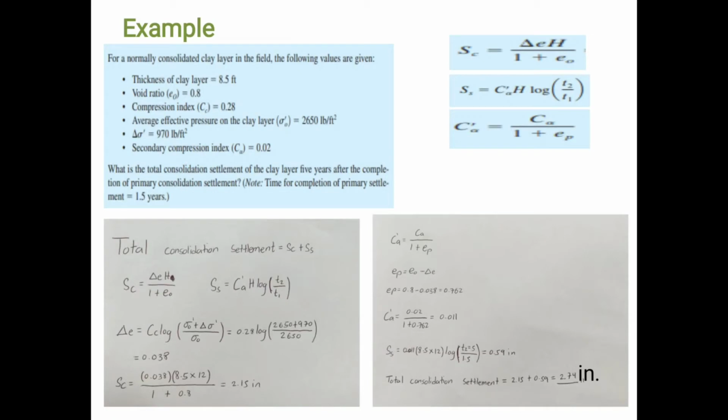Distribute the values. S sub s equals 0.011 times 8.5 times 12 log 5 over 1.5 equals 0.59 inch. So total consolidation settlement equals 2.15 plus 0.59 equals 2.74.